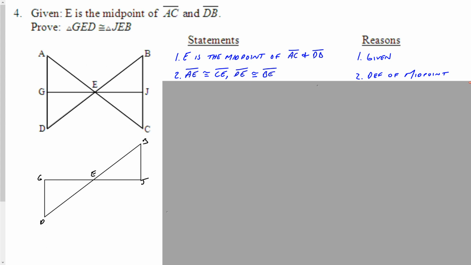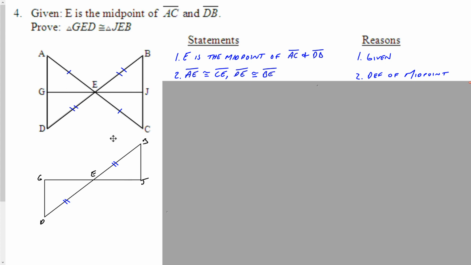Sorry about that. Now we can come in here and show that we have specific congruent segments. But not only should we put those in the original picture, we should also put them in any picture that we've redrawn. So now I can have segment DE is congruent to segment EB in both of those pictures.